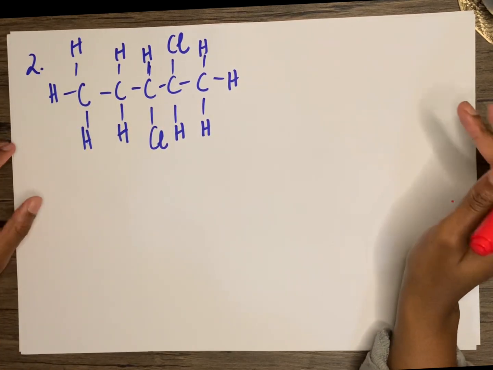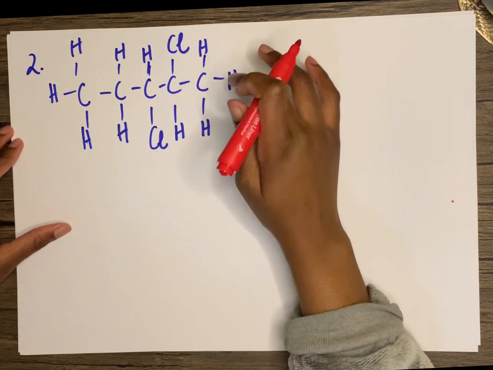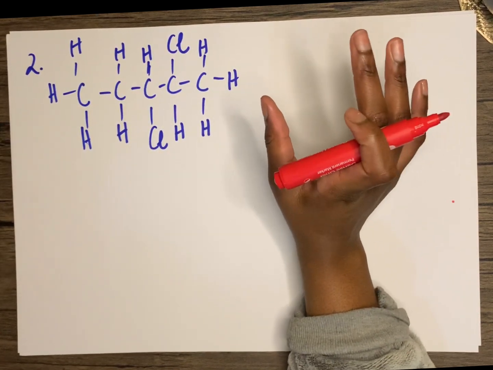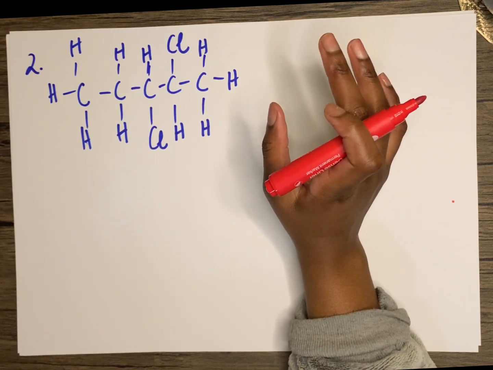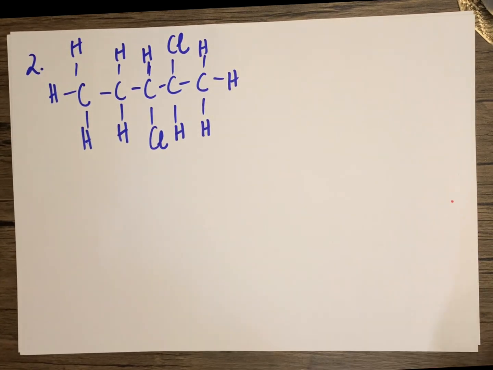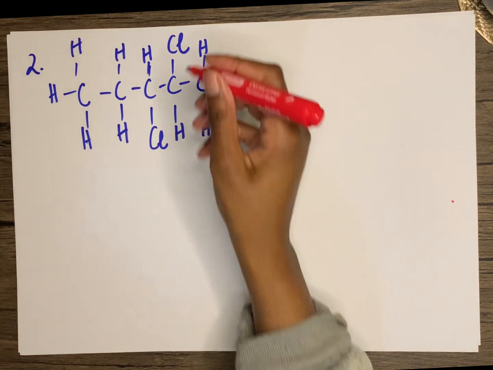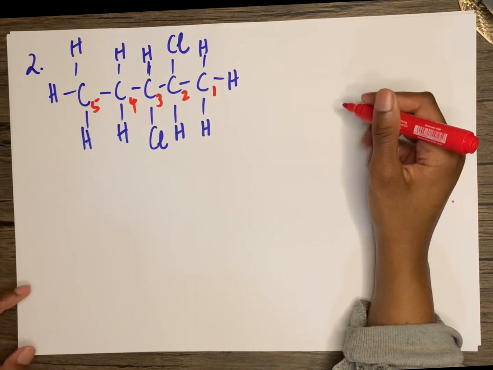However, if I number from the right, it's 1, 2, 3, 4, 5, which means the lowest number of the substituent is 2, and then the next substituent is going to be in the third carbon. So when I compare the two, it's best to number from the right, because then I'm going to assign the lowest numbers possible to the substituents. So I'm going to number 1, 2, 3, 4, 5, right?